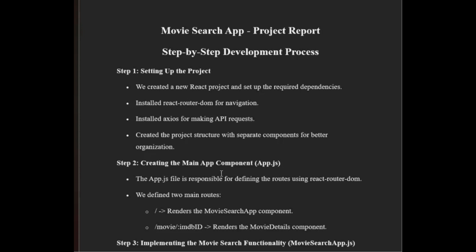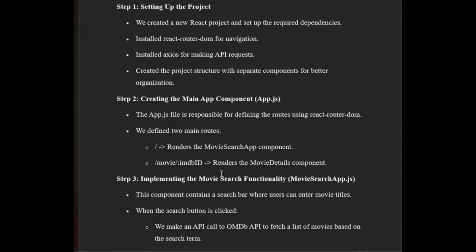We installed React Router DOM for navigation, installed Axios for making API requests, and created a project structure with separate components for better organization. The next step was creating the main app component, app.js.